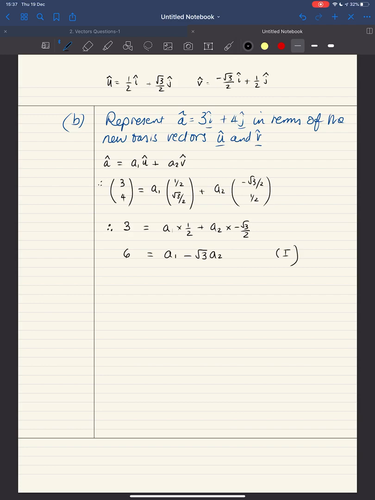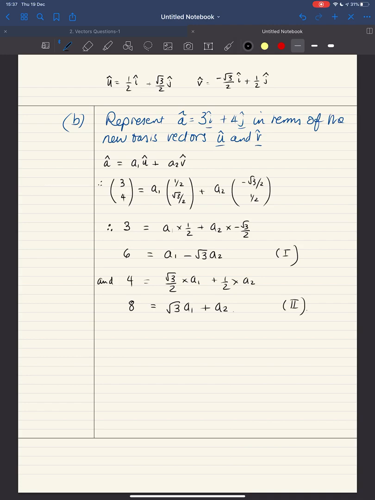And then the second equation, 4 is root 3 over 2 times a1 plus 1/2 times a2. So again, multiply everything by 2. 8 is root 3 a1 plus a2, equation 2.